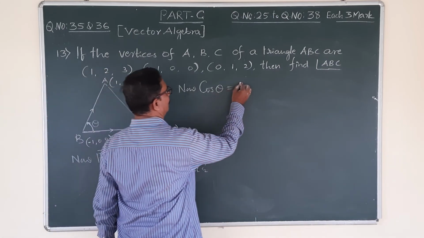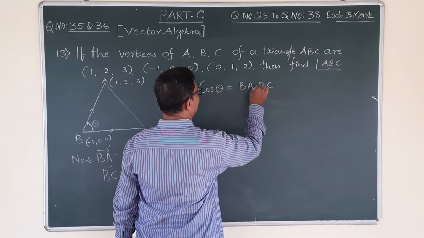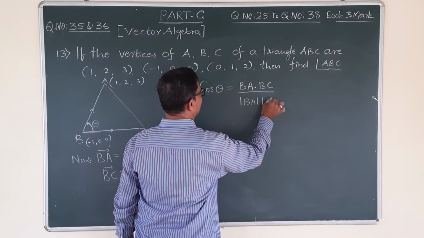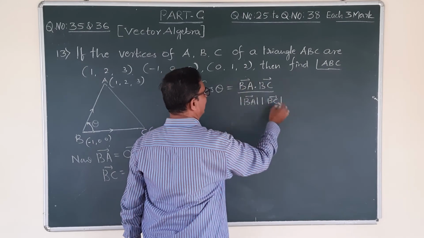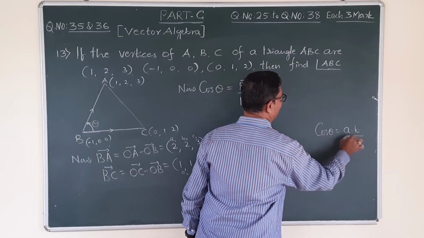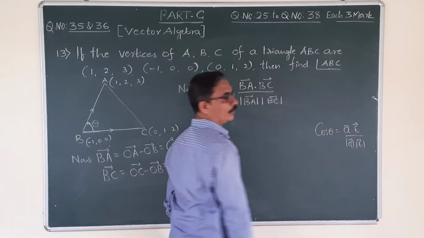Cos theta is equal to, what is the formula? BA dot BC divided by their magnitudes. You know that the cosine of the angle between the vectors is given by the formula cos theta is equal to A dot B by magnitude of A into magnitude of B.